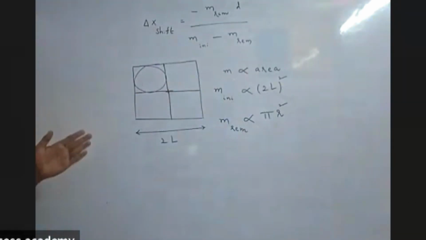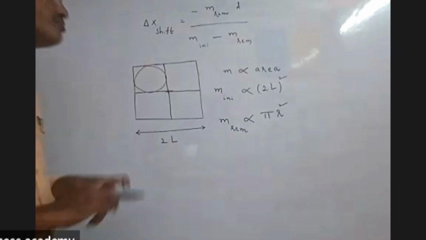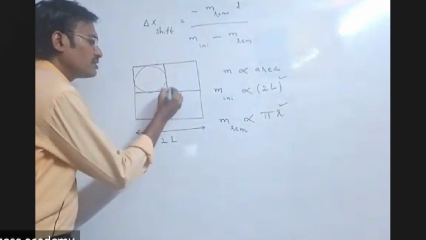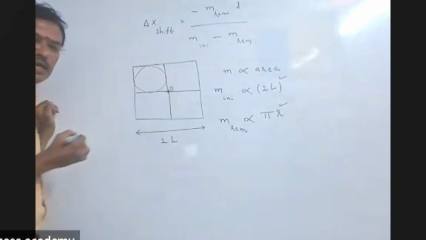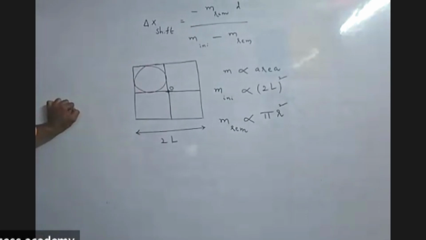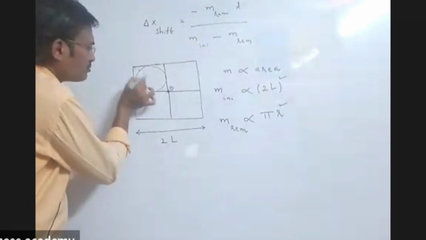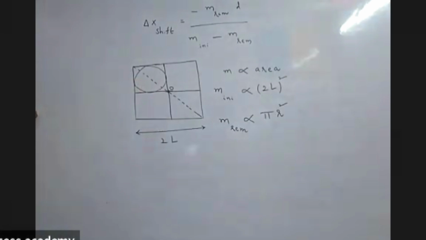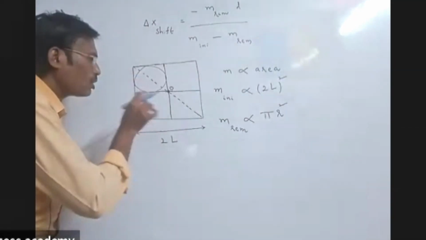How do we calculate the radius of the circle? Now, this is the center, the first center of mass. This is O. Here I am taking the radius of the circle. Listen carefully. The total diagonal is considered initially. How do we represent that?